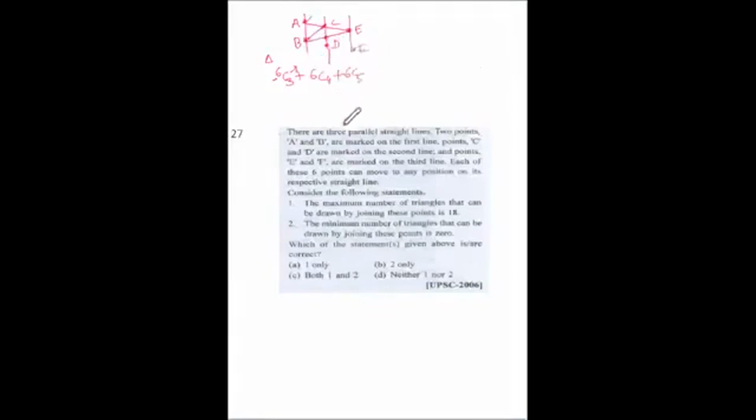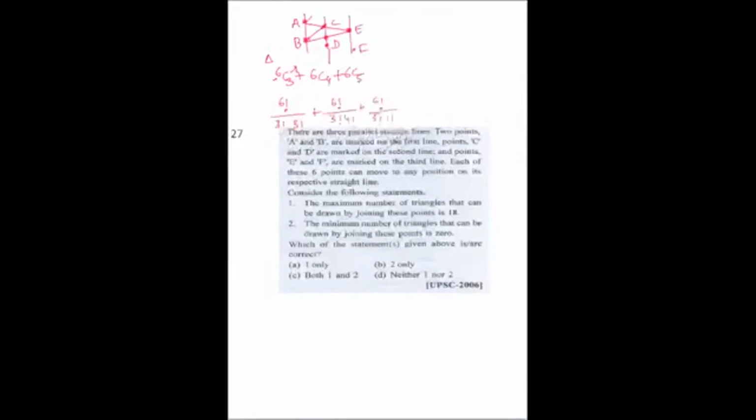So this comes factorial 6 upon factorial 3 factorial 3, plus factorial 6 upon factorial 3 factorial 4, plus factorial 6 upon factorial 5 factorial 1.